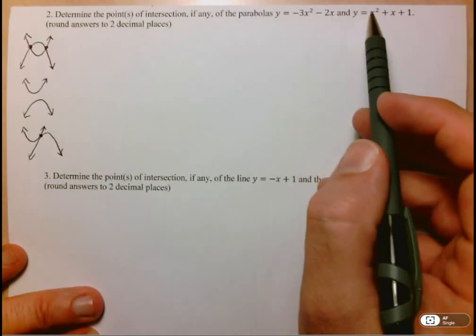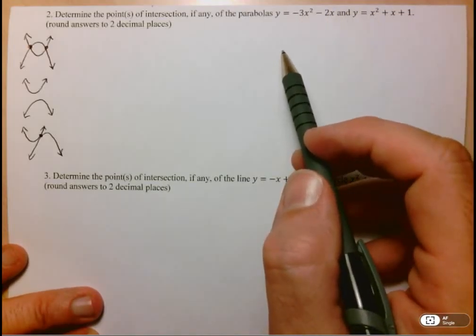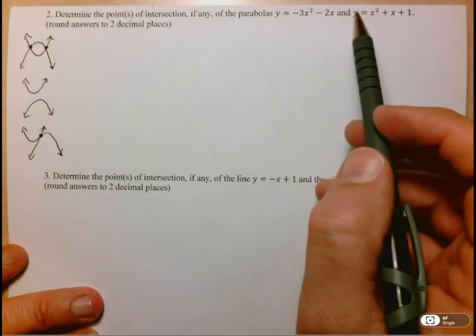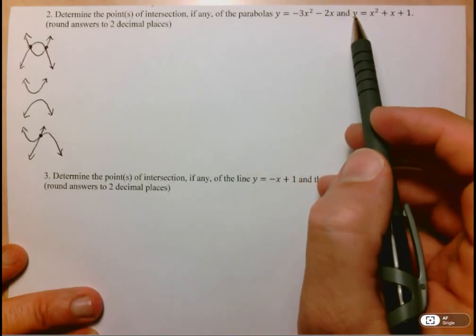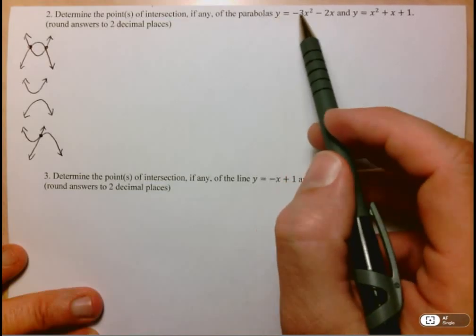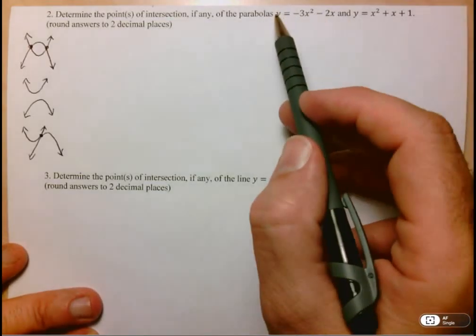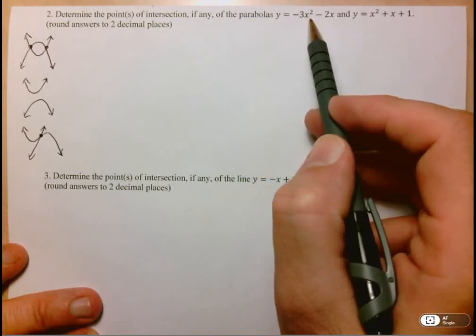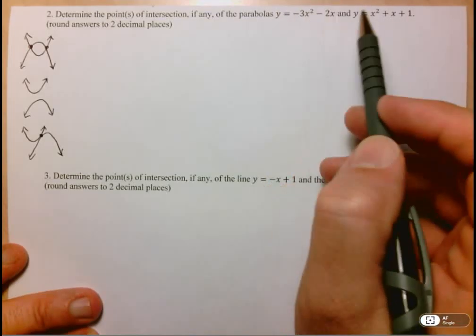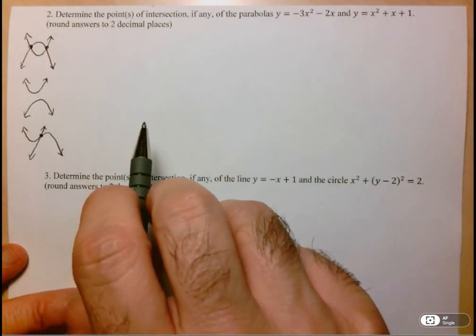So I can subtract the 2 equations in order to eliminate the y variable, or I can substitute this y variable with its equivalent expression from here, negative 3x squared minus 2x. That's what I'll do. Here y is already isolated, so wherever I see y, I'm just going to replace it with negative 3x squared minus 2x.